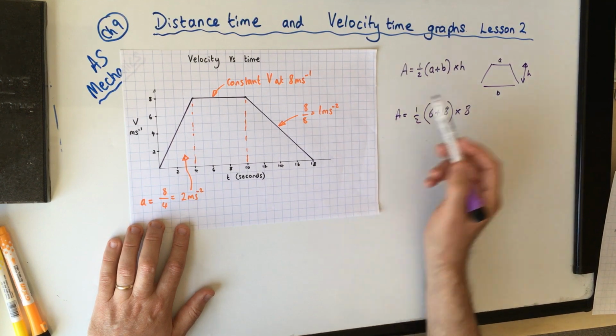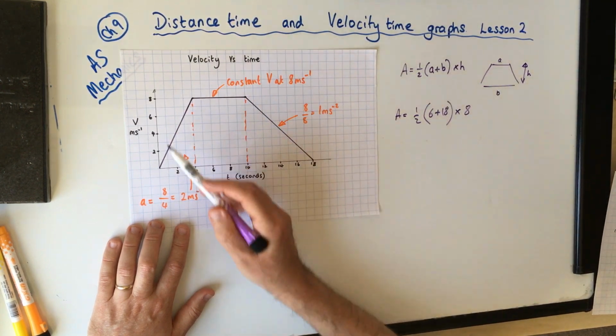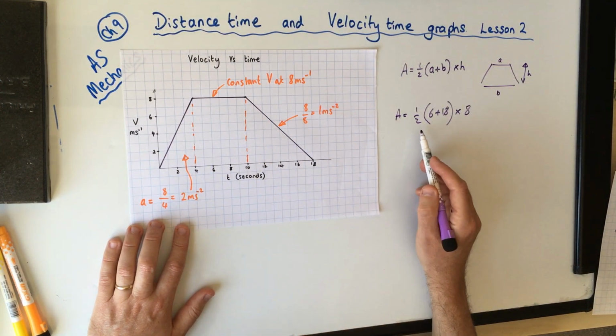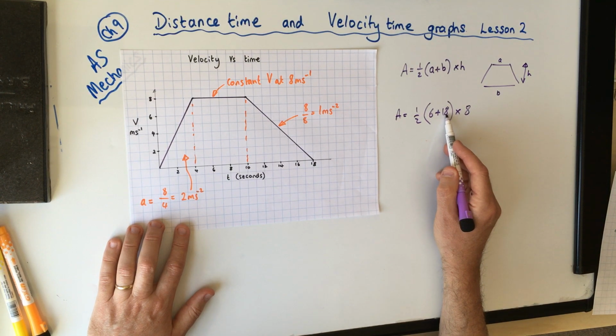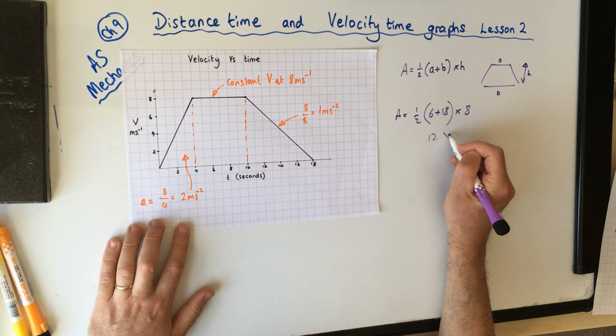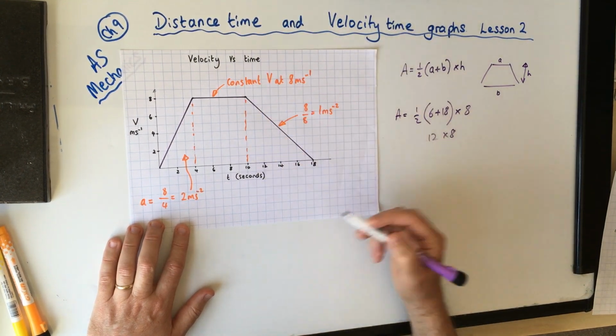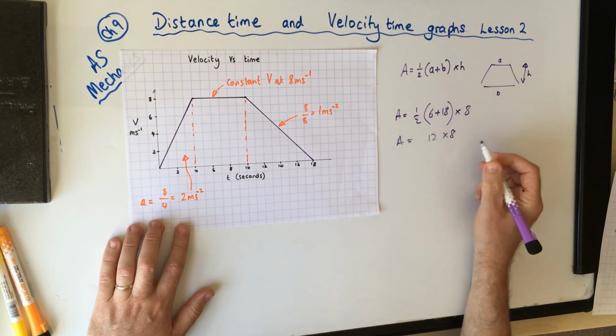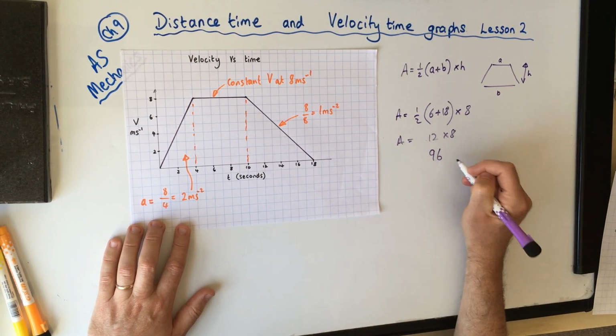Applying this formula to this trapezium, 6 add 18 is 24, halved is 12, so we do 12 times 8, the height of our trapezium, and 12 times 8 is 96.